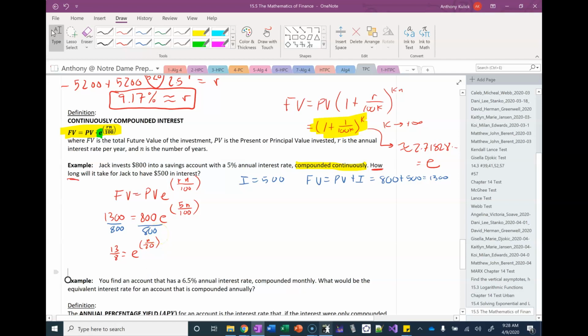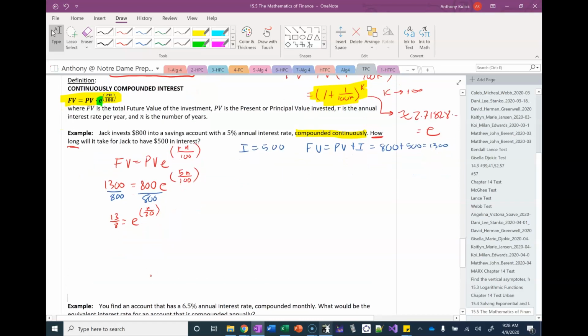Now the next thing we need to do is cancel out this exponent base of e. To cancel out an exponent base, we need to use a logarithm with the same base. So in this case, we need to use log base e. And we have a special name for that. We call that the natural log, and we have a special symbol we use to abbreviate that. That is the symbol ln.